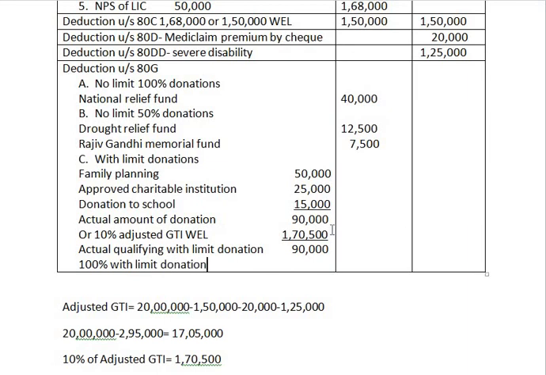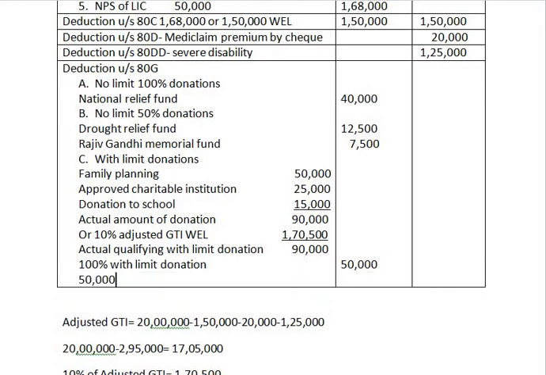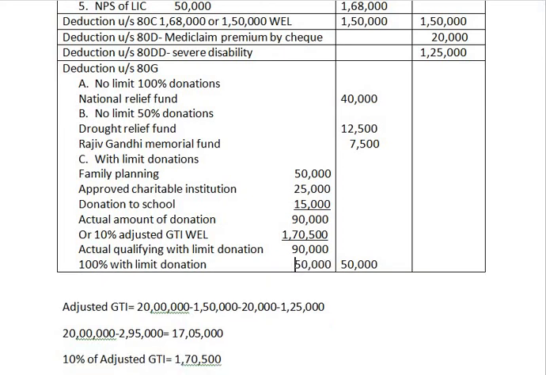What is the amount? 100% with limit donation is for family planning. The amount contributed is 50,000 rupees, so we are taking 50,000 rupees at 100%. What is the remaining balance? Just deduct 50,000 from this amount also. Now the balance remaining is 40,000.